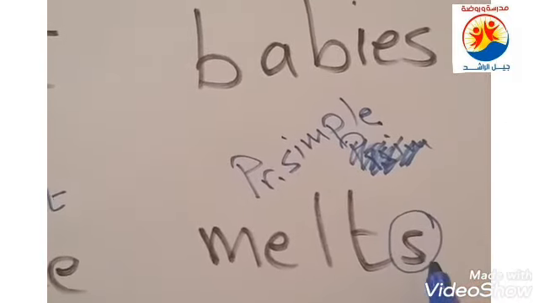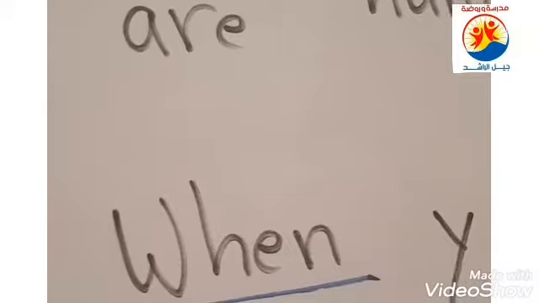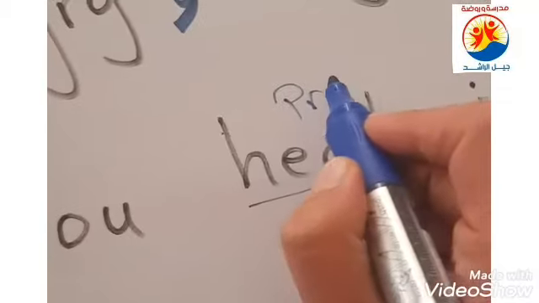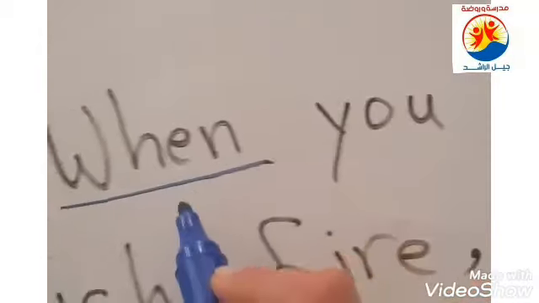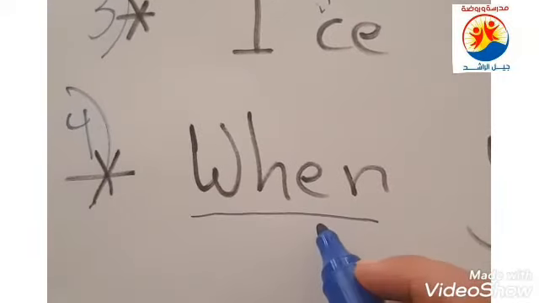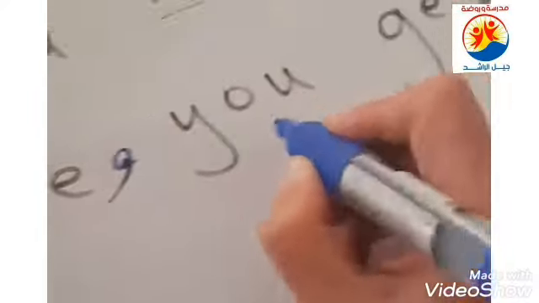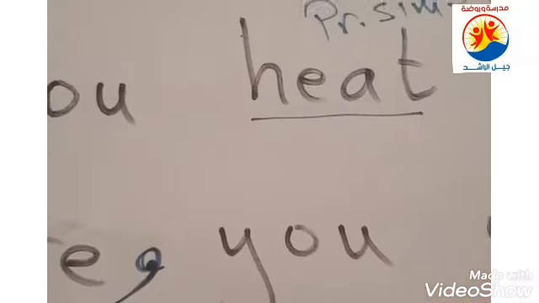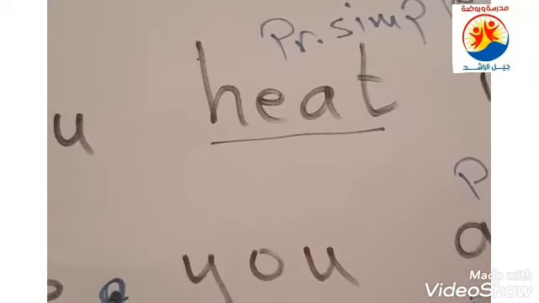Melts with s. Why s? Because ice is it, and it takes s. When you heat, present simple. But here we didn't put a comma because the when is in the middle. Here when is at the beginning of the sentence: when you touch, present simple, this is the comma, fire, you get burned, present simple.